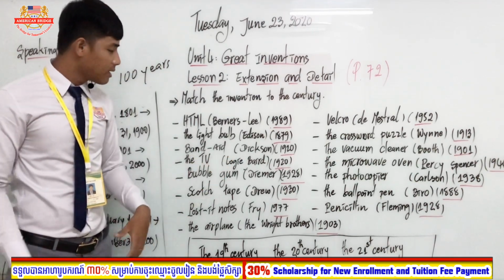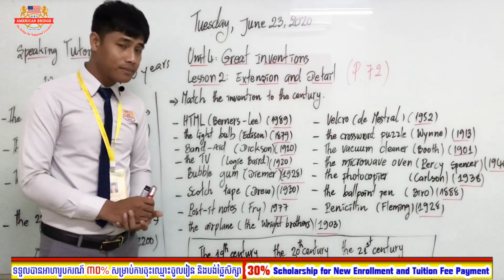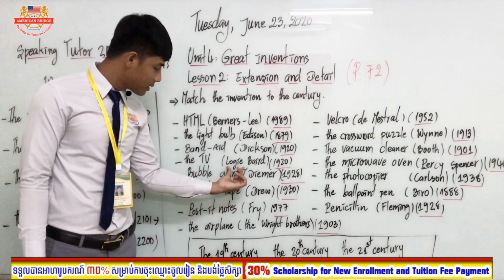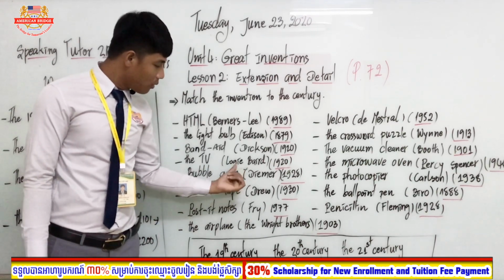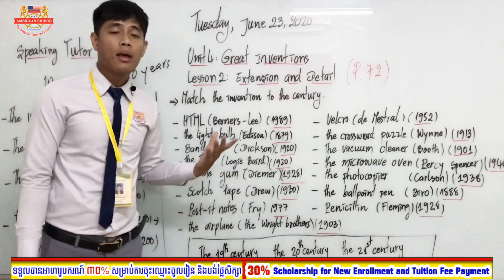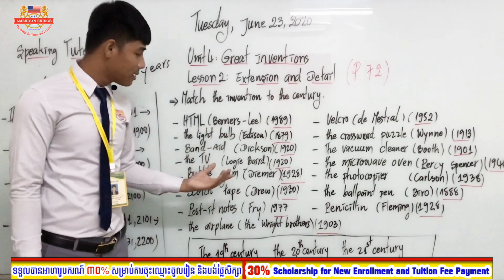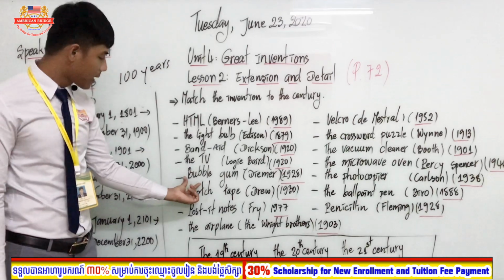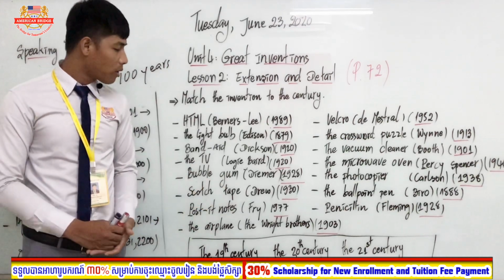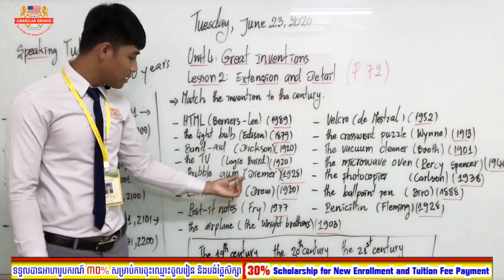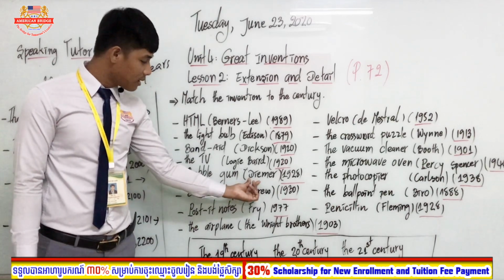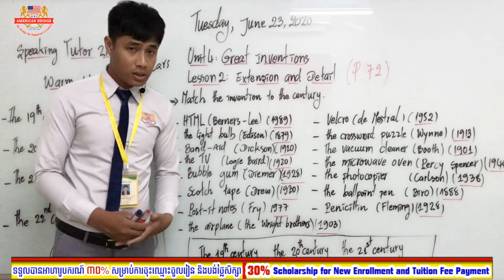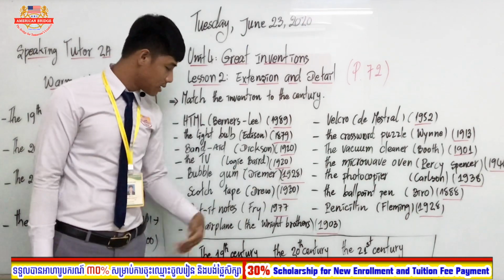Next, the TV. When was the TV invented, everyone? The TV was invented by Logie Baird, also in 1920. Next, bubble gum was invented by Damers in 1928.